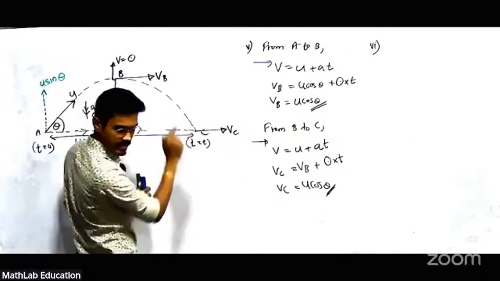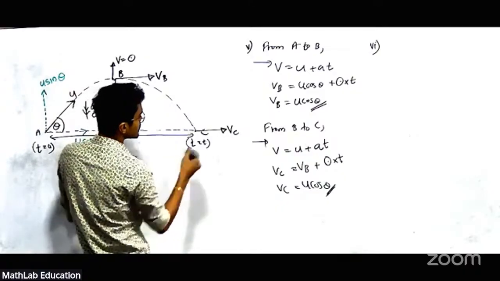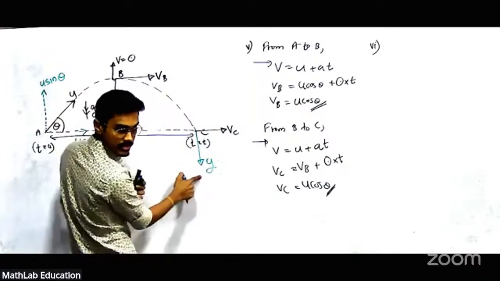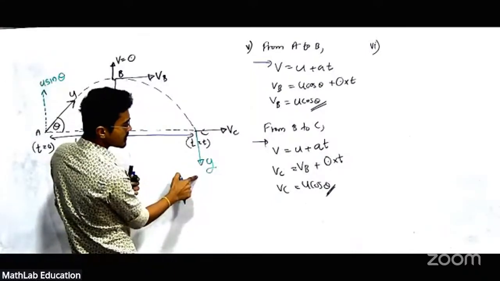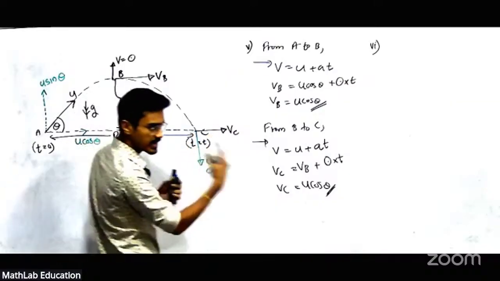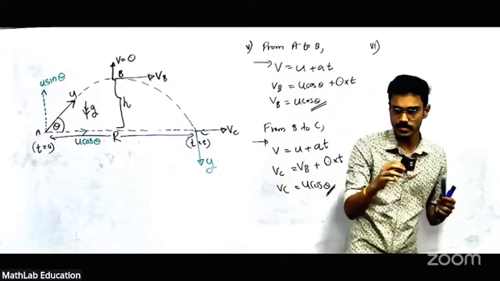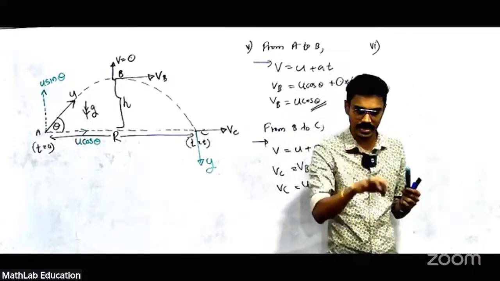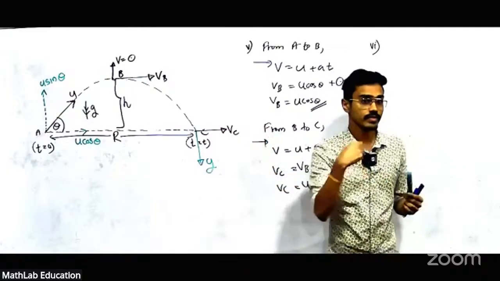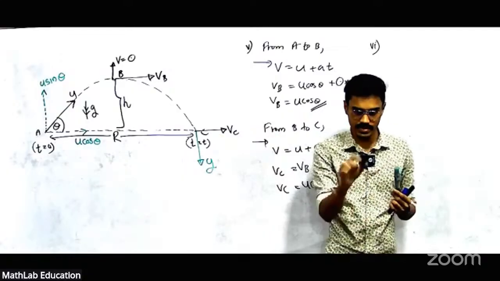Definitely there's a vertical component as well. So I'll mark this vertical component as y. So first determine y. If y is known, the velocity is going to be the resultant of these two. Velocity means the net velocity, the resultant velocity. If you are asked about horizontal or vertical velocity separately, then you should answer separately. But if you are asked about velocity, that's the actual velocity.